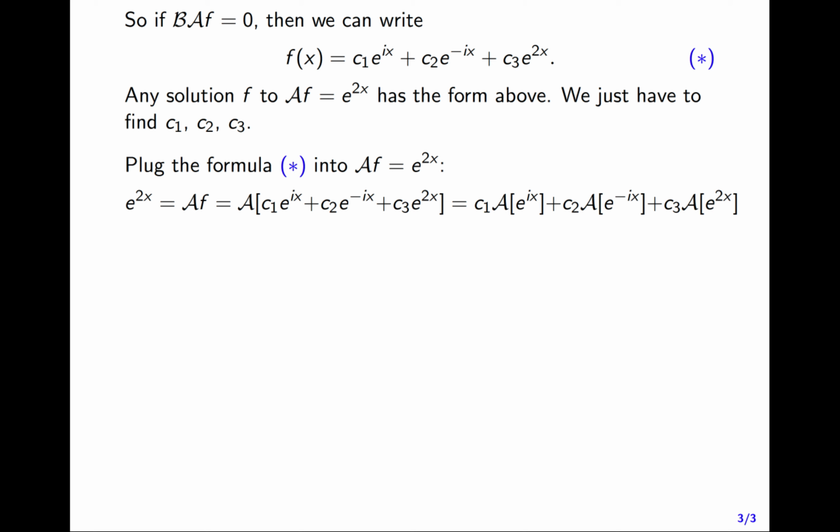Linearity says this is c1 times a on e to the ix, plus c2 times a on e to the minus ix, plus c3 times a on e to the 2x. And that just collapses to c3 on a e to the 2x. Because, of course, a on e to the plus or minus ix is equal to 0.